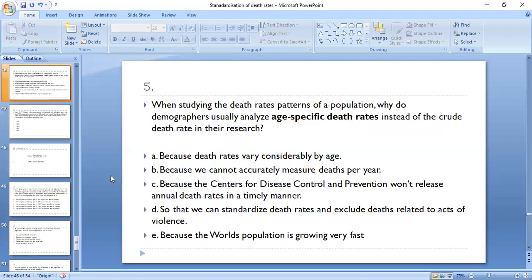The fifth MCQ is: when studying the death rate patterns of a population, why do demographers usually analyze age-specific death rates instead of the crude death rate in their research? Is it because death rates vary considerably by age, or because we can't accurately measure death rates per year as the Centers for Disease Control and Prevention won't release annual death rates in a timely manner, or so that we standardize death rates and exclude deaths related to acts of violence, or because the world population is growing very fast?